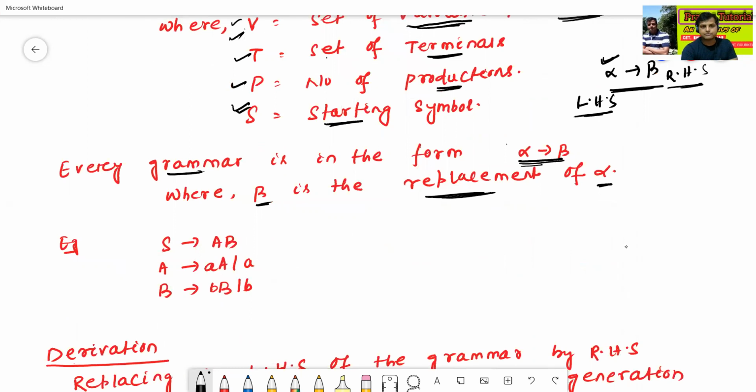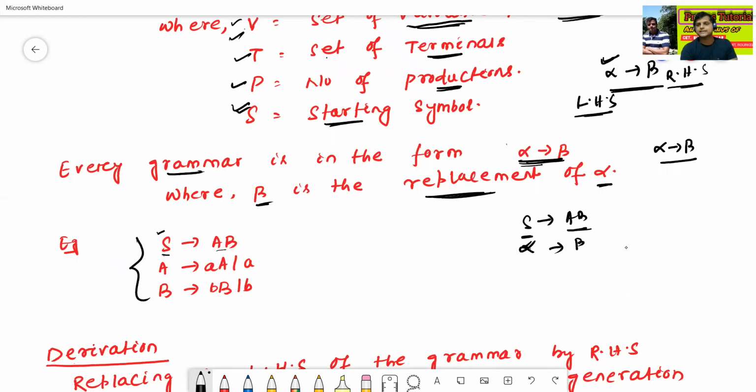See here, this is one grammar. Grammar is always in the form alpha to beta. Here, S to AB: this S is called the alpha part, and AB is called the beta part.